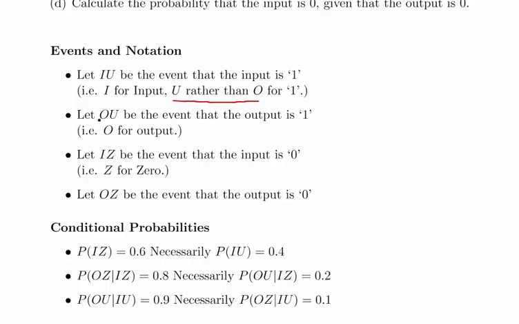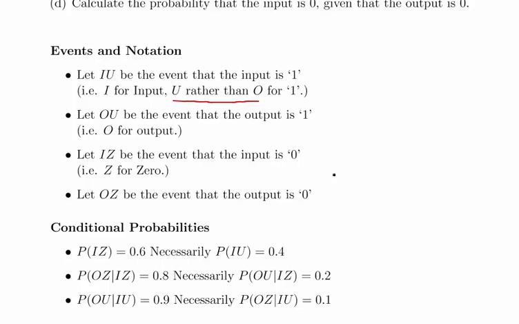And OU, let that be the event that the output is 1. Here O for output. Let IZ be the event that the input is 0, Z for 0, and let OZ be the event that the output is 0. A little bit awkward looking, but essentially if you're familiar enough with U and Z standing in for 0 and 1, and I and O standing in for input and output, then we're good to go.